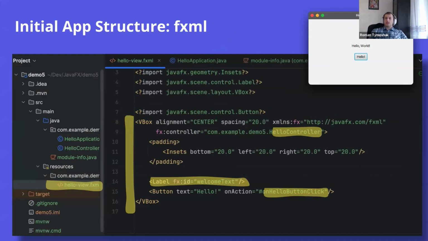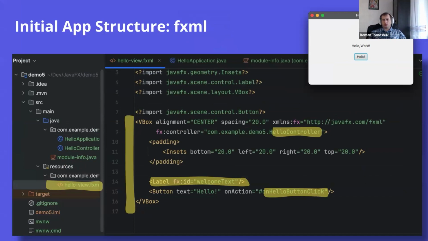Here in the presentation, you can see details of how the hello view looks. That's the way we can build our application view by using XML. XML is Extensible Markup Language, and it's quite similar to HTML, and it provides you the possibility to build the layout of your app.